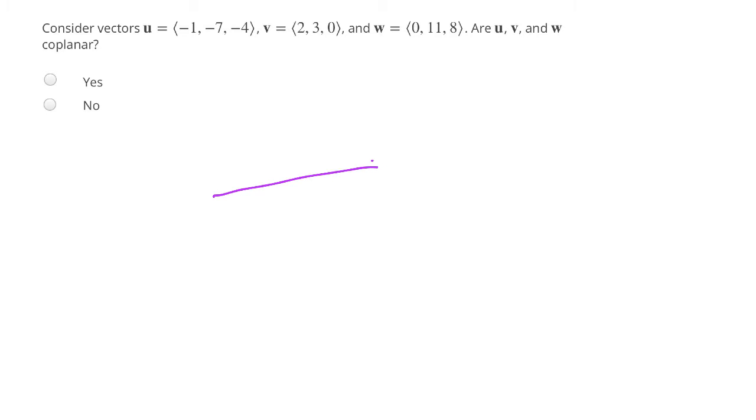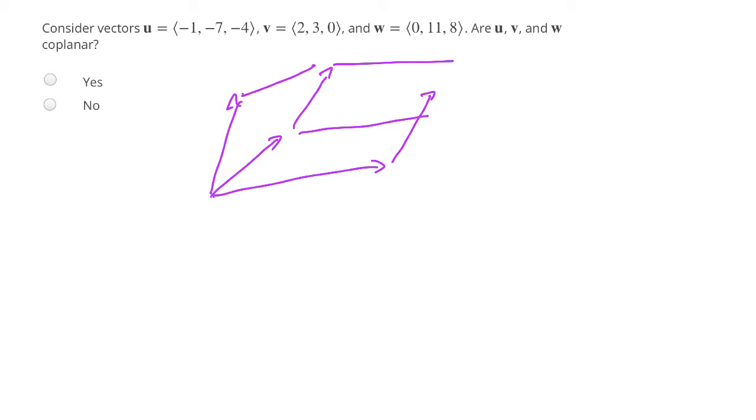Well, geometrically, what's going on there is if we had three vectors, a vector u, a vector v, and a vector w, and they were not contained in the same plane, then we would be able to draw a parallelepiped, and that three-dimensional shape would have a volume.